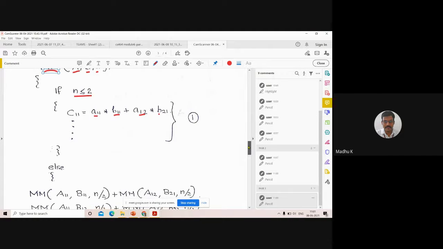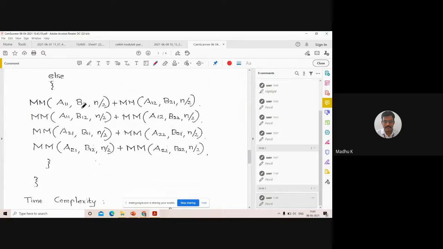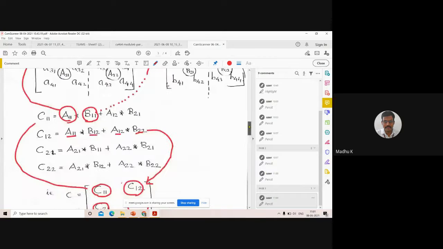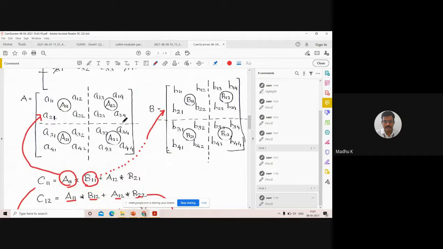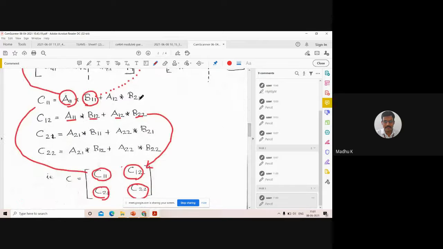If n is greater than 2, then we will divide the matrices in this way. Then we will perform this task.